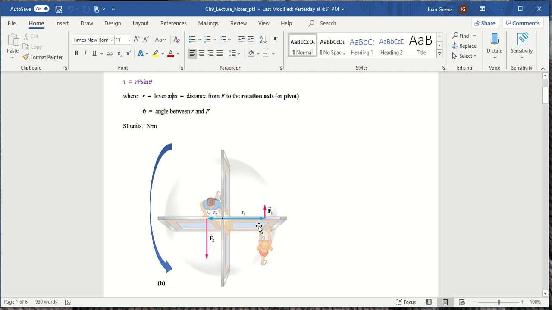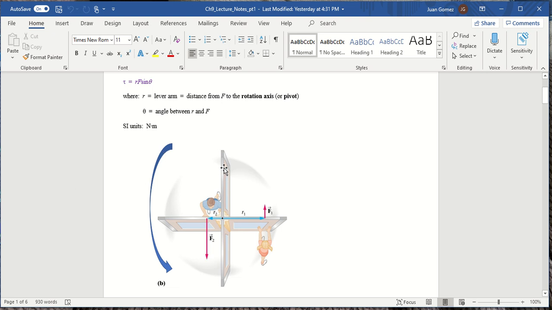Then we have 2 people pushing on this door. The girl is on one side of the door, applying a force we'll call F1. This person on the other side of the door is applying a force called F2. And notice these 2 forces will cause the revolving door to rotate counterclockwise, as indicated by the blue arrow.